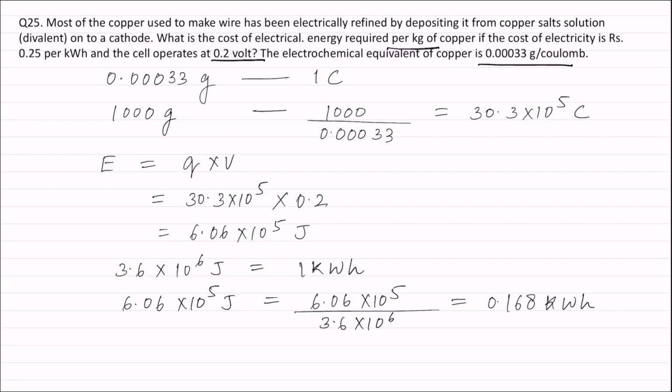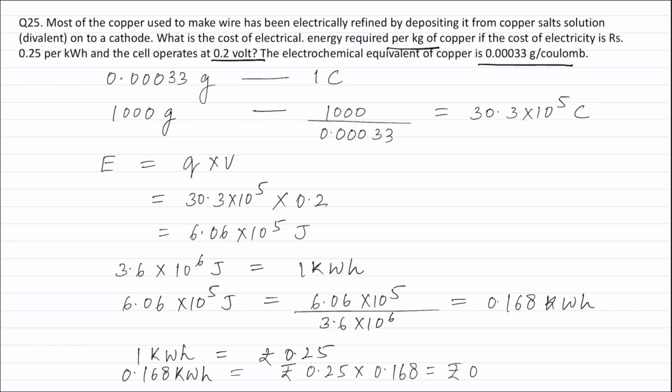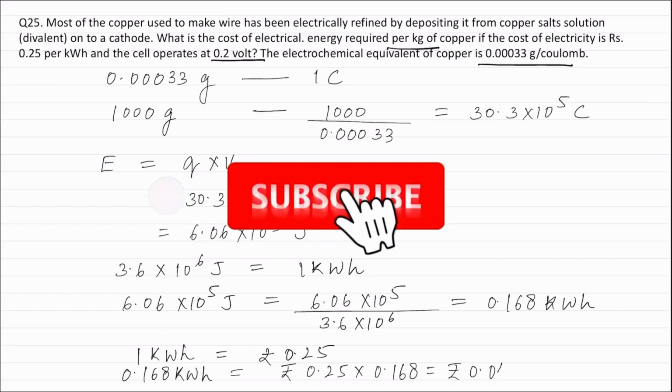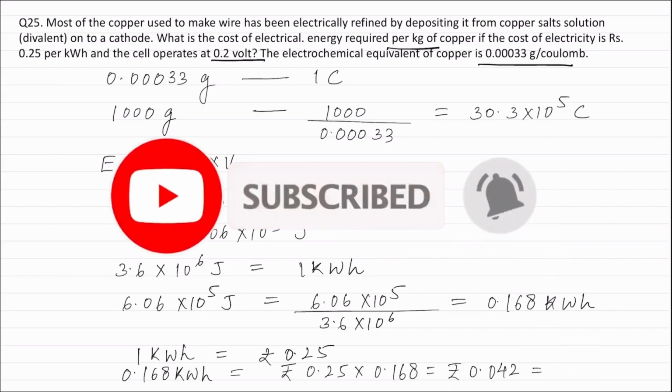Now the cost of electricity is 0.25 per kilowatt hour. 1 kilowatt hour is equal to rupees 0.25. Therefore 0.168 kilowatt hour will be equal to rupees 0.25 into 0.168, which is equal to rupees 0.042, and this is also equal to 4.2 paise.